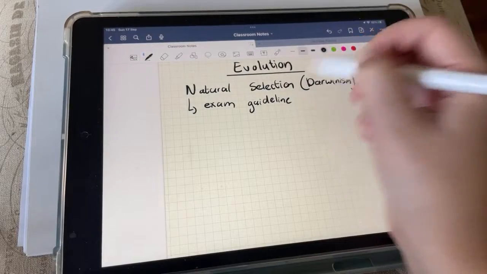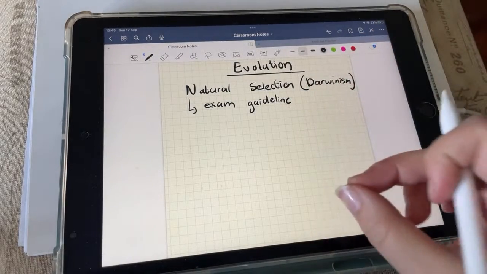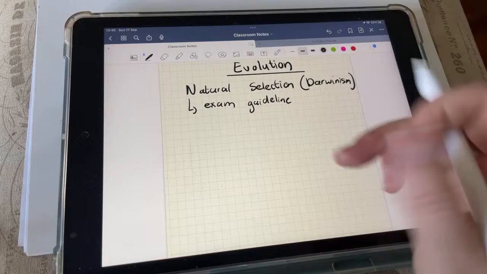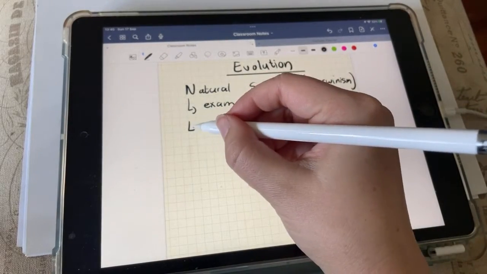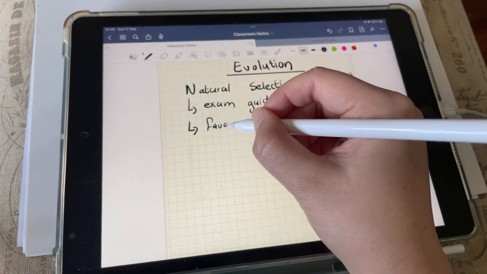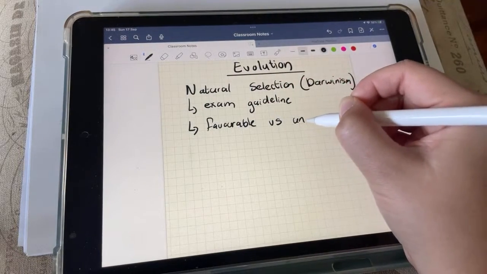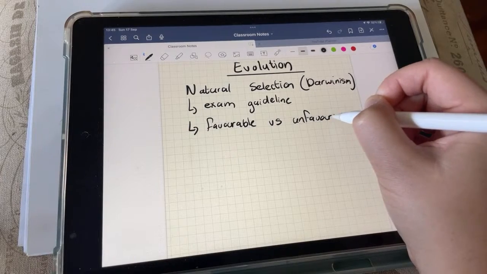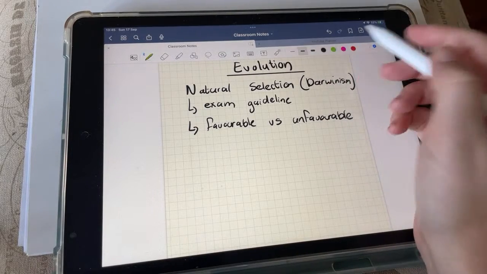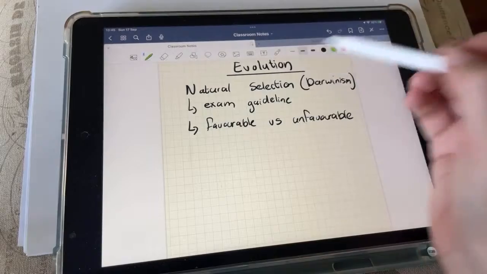There's literally a bullet point, step by step, of how you explain natural selection. But the key is that when you talk about natural selection, you are talking about favorable versus unfavorable.